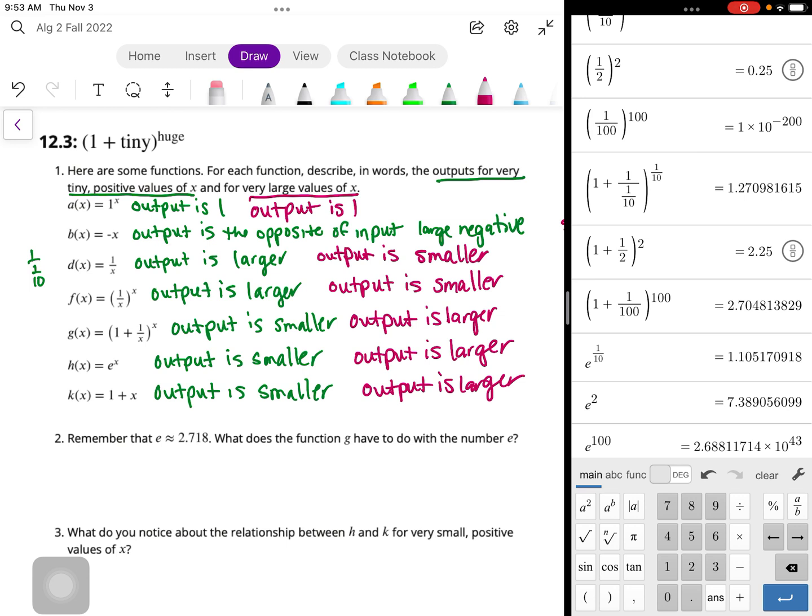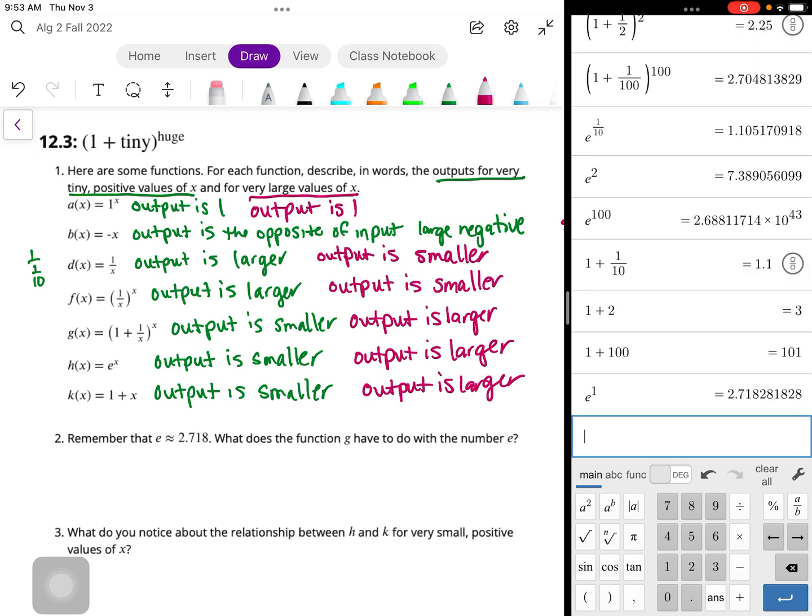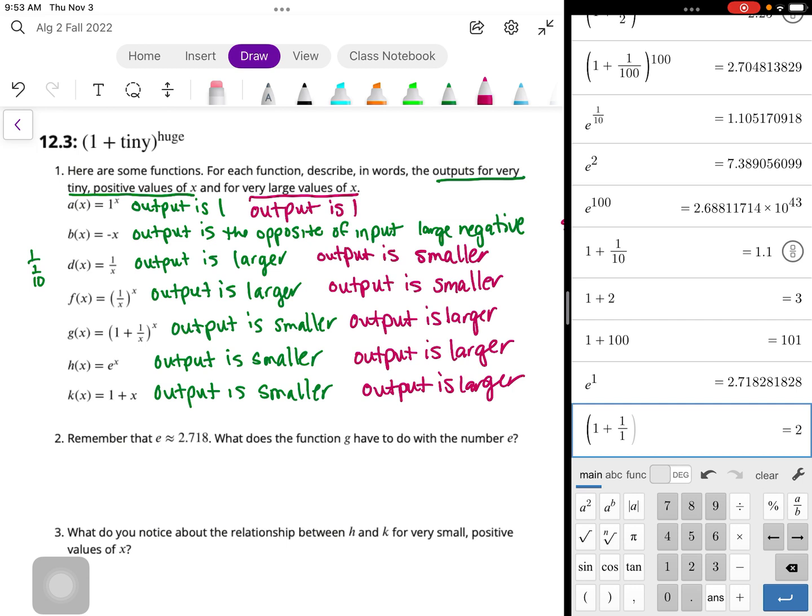Think about, all right, well, so here we have e to the 1. So let's plug in our function for g. The g function was 1 plus 1 divided by 1, to the power of 1.